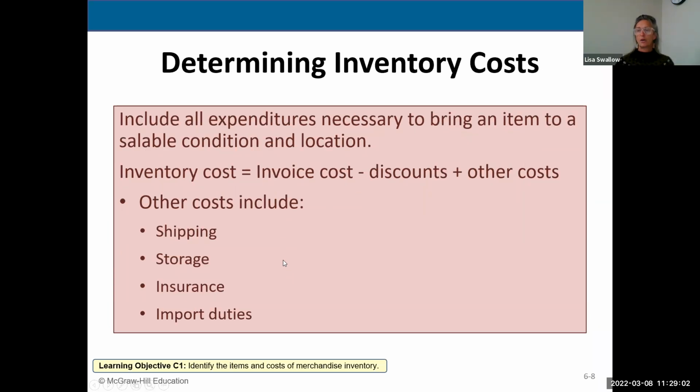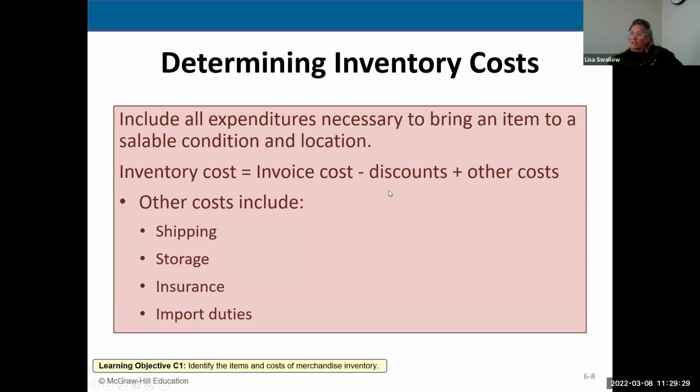So inventory, what is inventory actually carried at? Well, obviously it's the price of what you paid for the inventory, but it's a whole bunch of other things too. As we learned in Chapter 5, you've got to take the invoice cost, what the inventory costs you, any purchase discounts, purchase returns and allowances. So it was damaged, but I don't have to send it back.